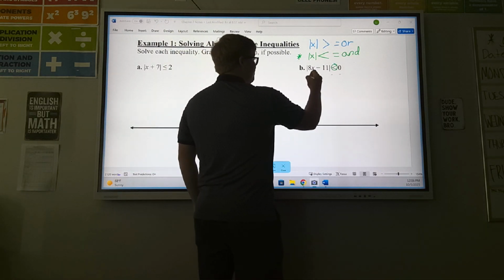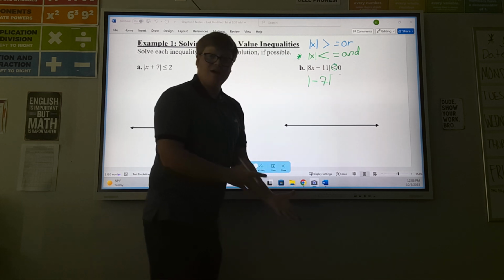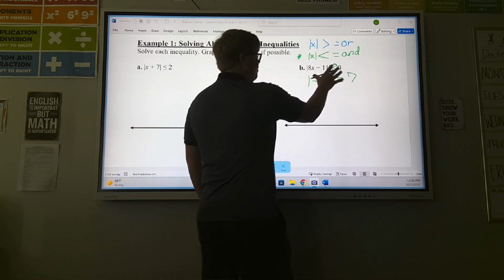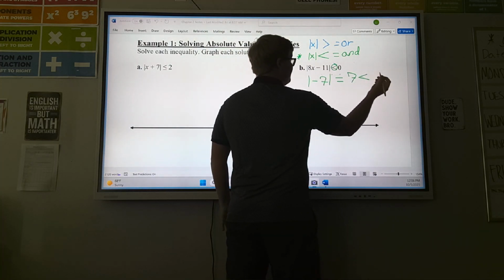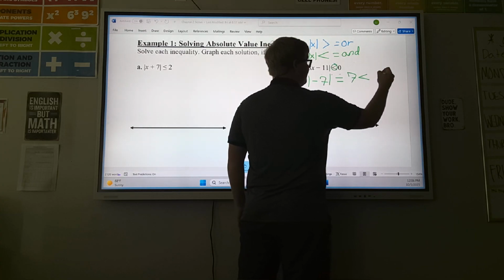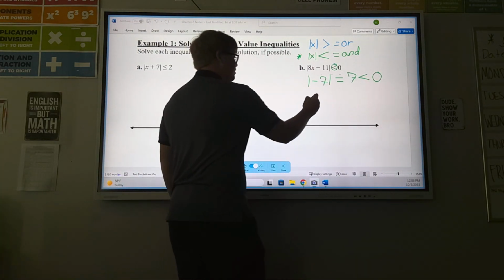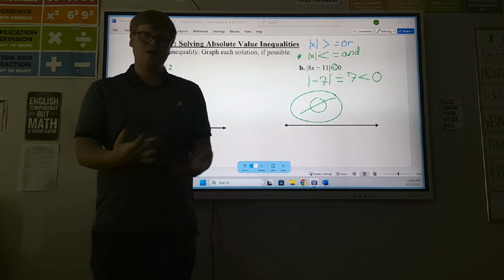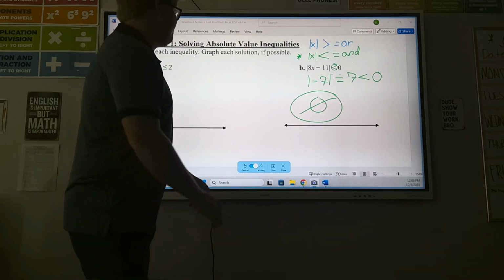Even if we were to put a negative 7 in here, the absolute value of negative 7 is a positive 7. And if we were to put it right here, we would have to say that 7, a positive 7, is less than 0. That's not true. So our answer is no solution. And no solution does not require a graph. So these ones are going to be extremely easy.